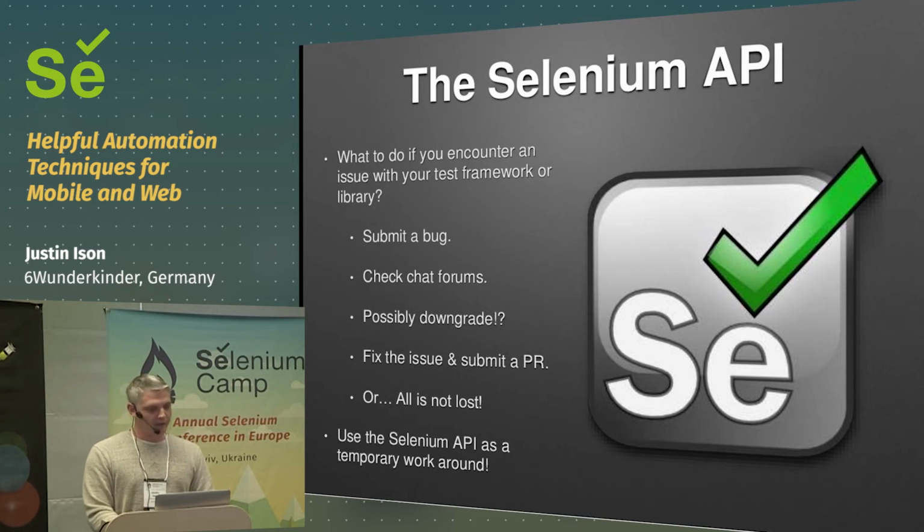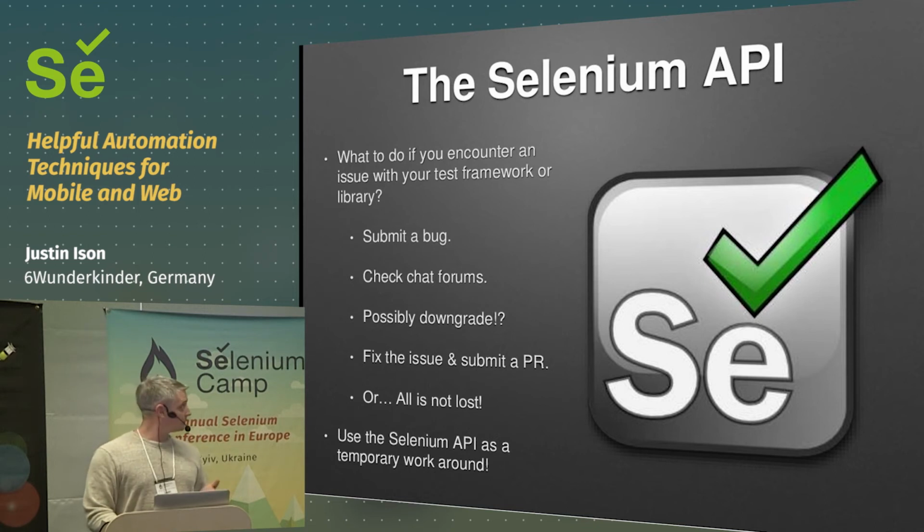So the Selenium API: what happens if you encounter an issue with your test framework or library? It's frustrating because we rely on these libraries and frameworks to help us do our job, and sometimes, especially with open source, they update them and certain bugs are introduced. If this happens, then what can you do?